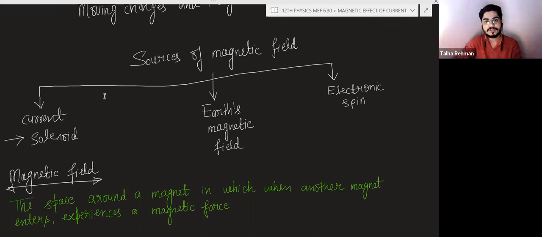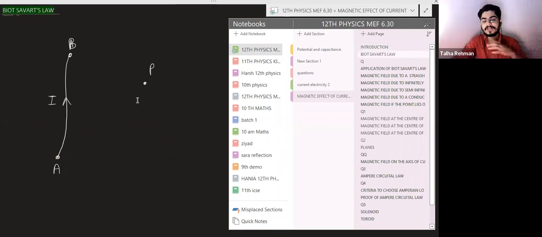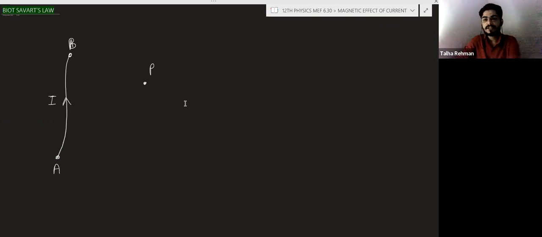So here is the current, so a magnetic field will be generated, and that generated magnetic field we have to calculate. Biot was the name of the scientist who gave one of the expressions to calculate this magnetic field at a point.